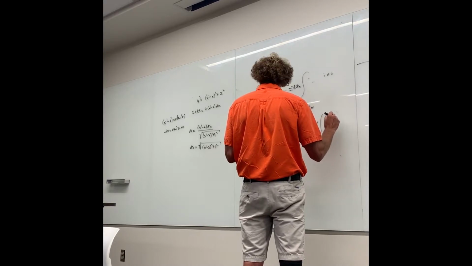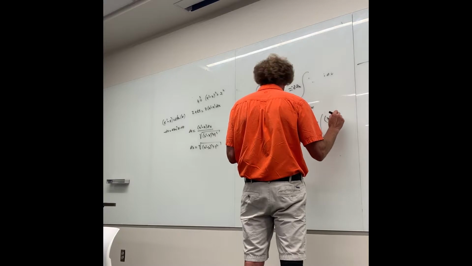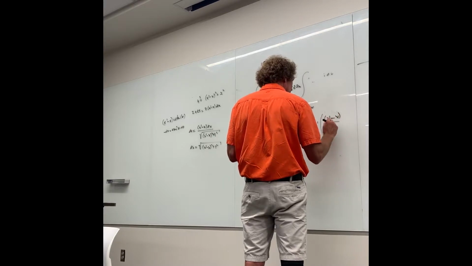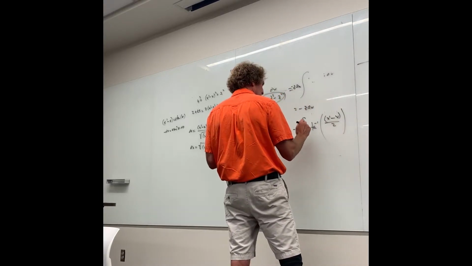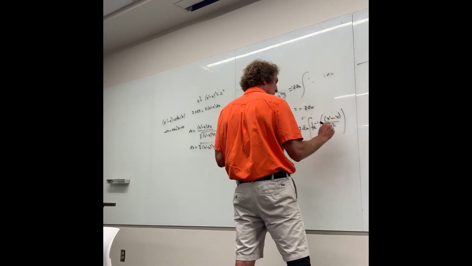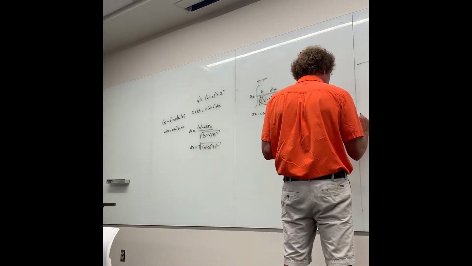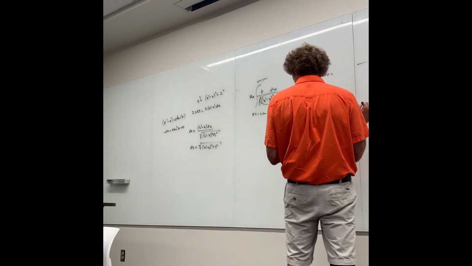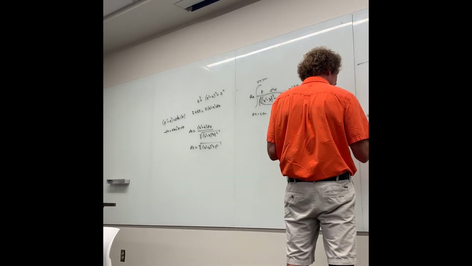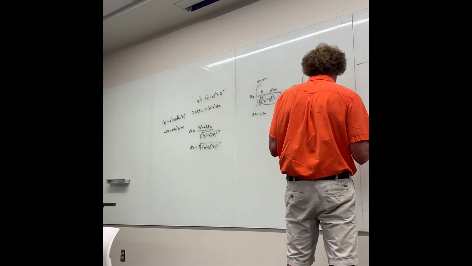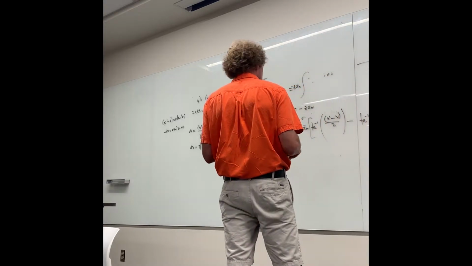x prime minus x divided by z. That's ax here, and it's going to be minus tan minus 1 of x prime minus x over z. But I have to put in the values for x.